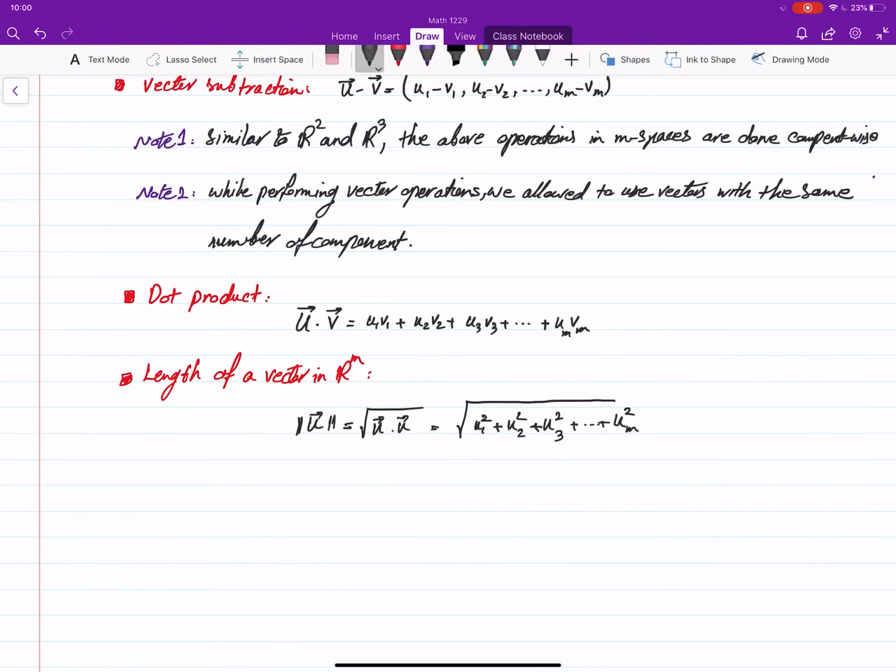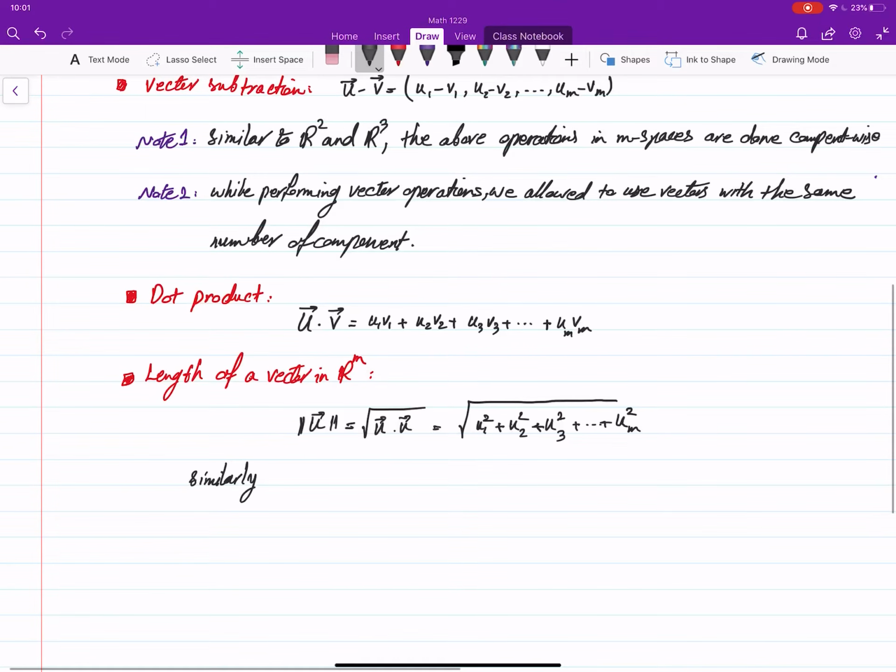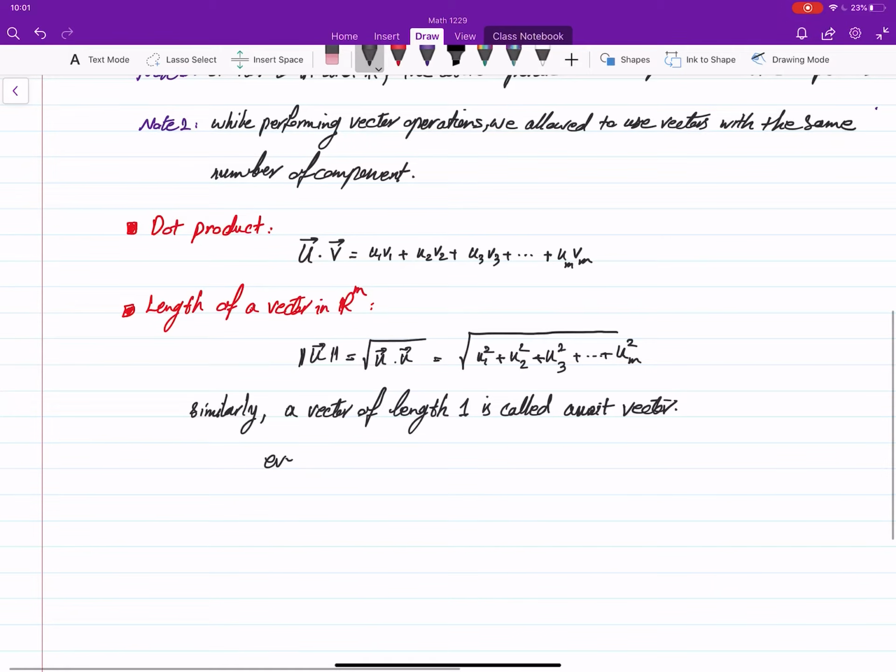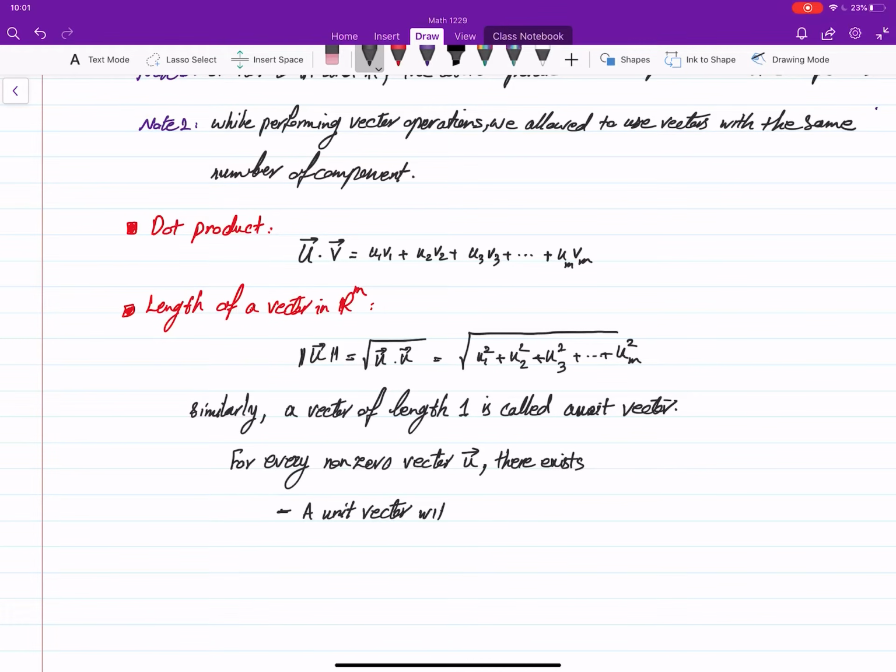Well, remember that similarly a vector of length 1 is called a unit vector, and for every non-zero vector U, there exists a unit vector with the same direction.